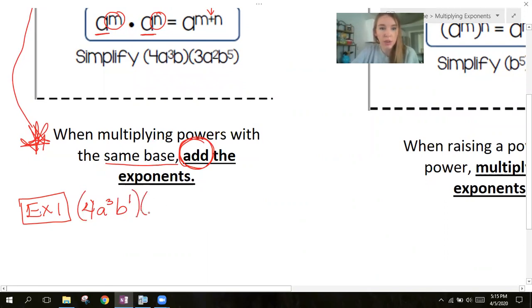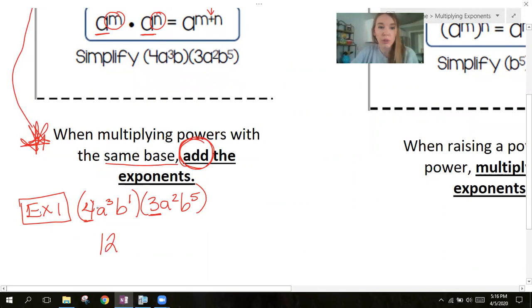Then we're multiplying it times 3a squared b to the 5th power. We're going to have to multiply these two terms. First we take the 4 and multiply it times the 3. 4 times 3 we know is 12.